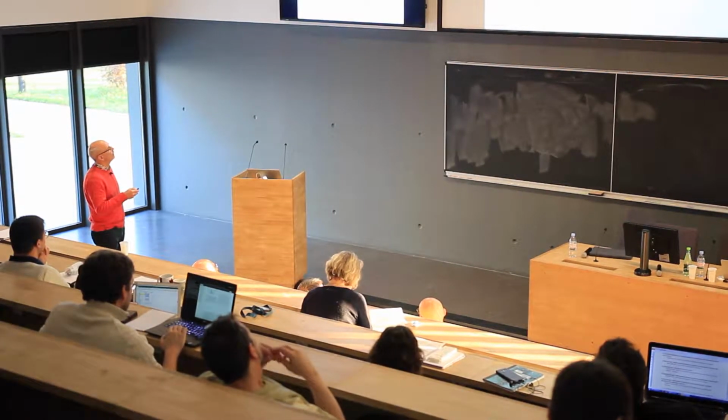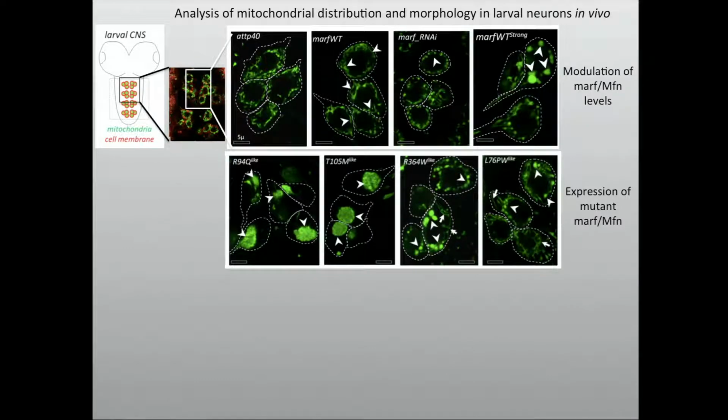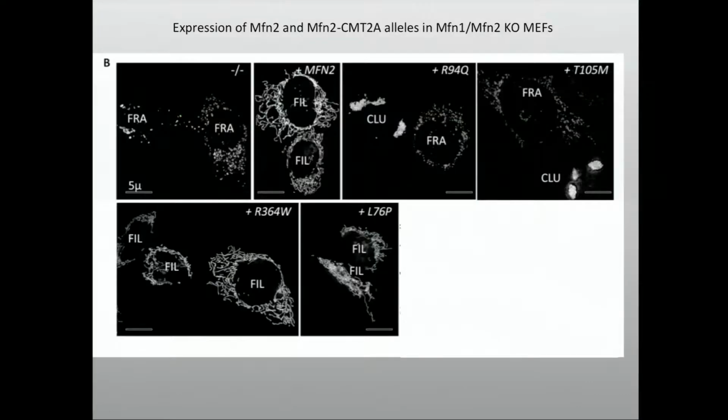This is when we overexpress the wild-type MARF or mitofuscin, so a little bit more elongated. This is when the MARF is downregulated, they become more fragmented. And this is when we express very high amounts of mitofuscin. So we start to get this kind of globules. This is different from what we observe in mammalian cells.